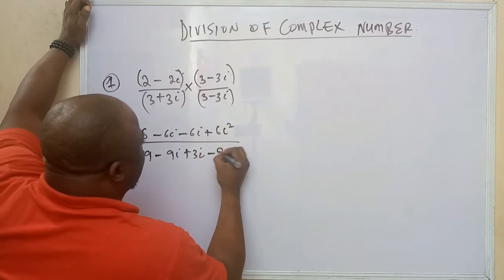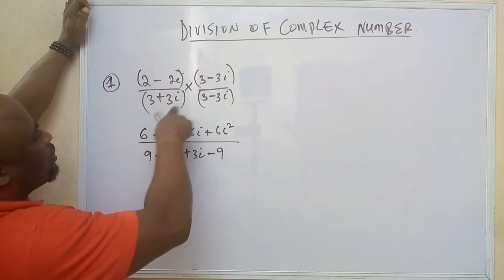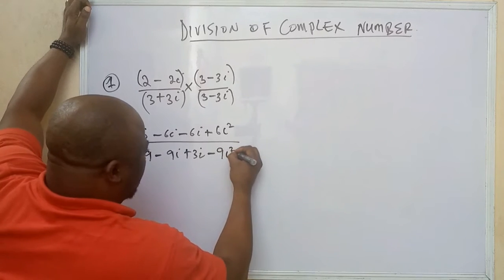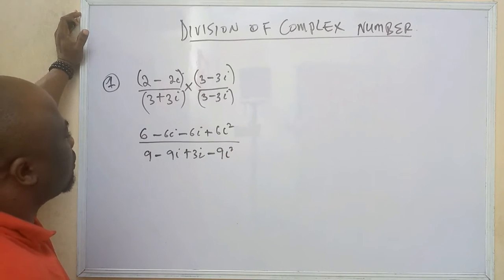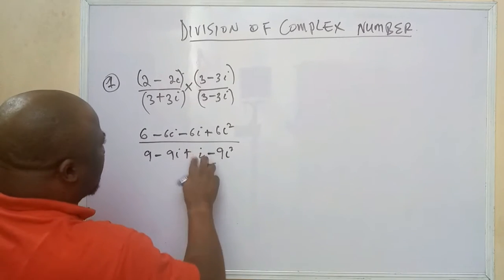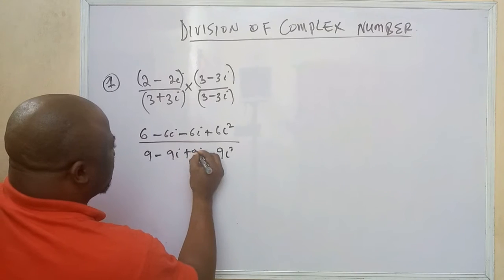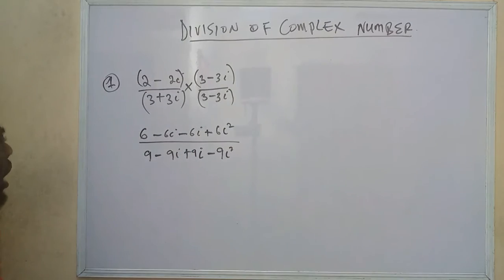Then you have 9i squared. Sorry, this is 9i. So let us continue.